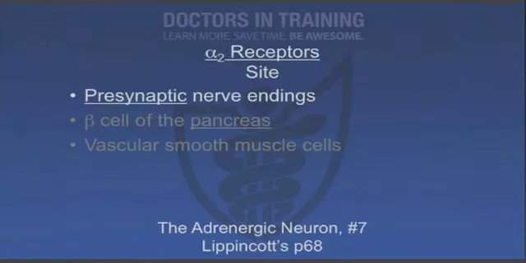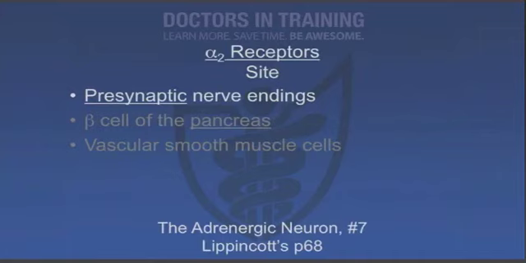So what happens is that when that norepinephrine binds to the alpha-1 receptor, it causes a release, again, of the inositol 1,4,5-triphosphate, which releases calcium ion from the endoplasmic reticulum and into the cytoplasm of the postsynaptic cell. And basically, this is going to lead to the cascade that leads to the effective cell response.